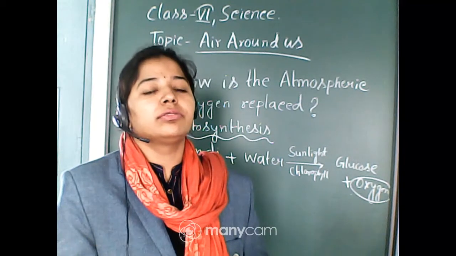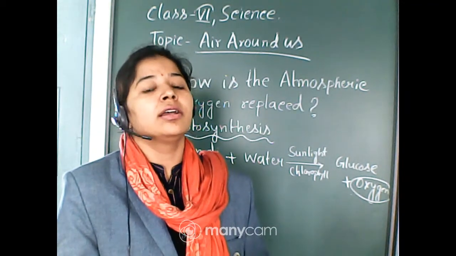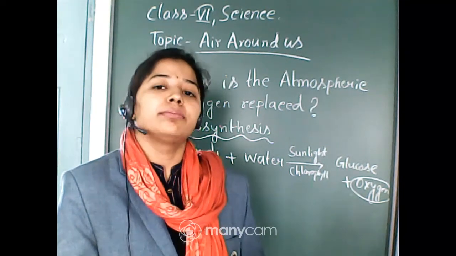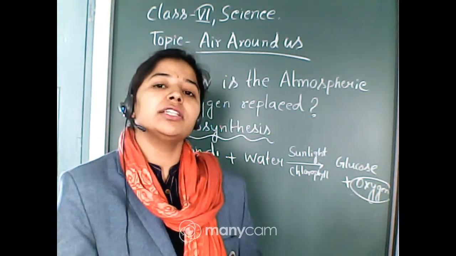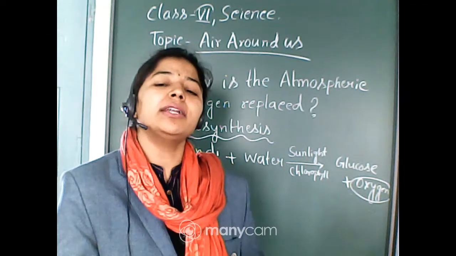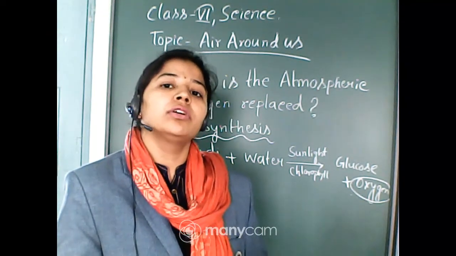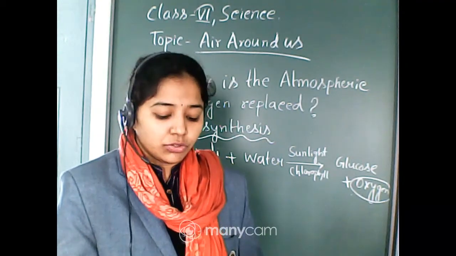so that the carbon dioxide can be utilized by the plants for their food making process, that is known as photosynthesis. During plant respiration, they also utilize oxygen present in the air, but they utilize a very low amount of oxygen. I hope you understood.